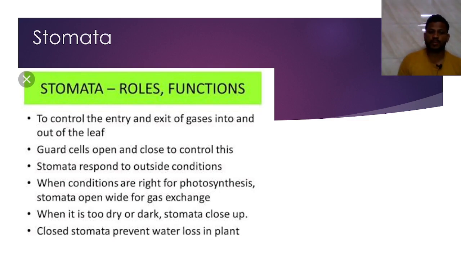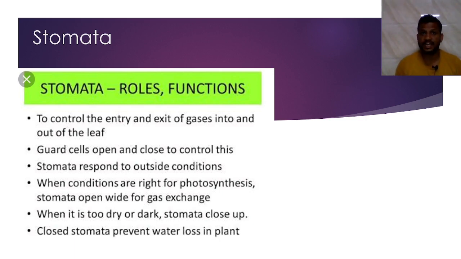If you see the first point, the stomata control the entry and exit of gases into and out of a leaf. It means they control the exchange of gases like carbon dioxide and oxygen.